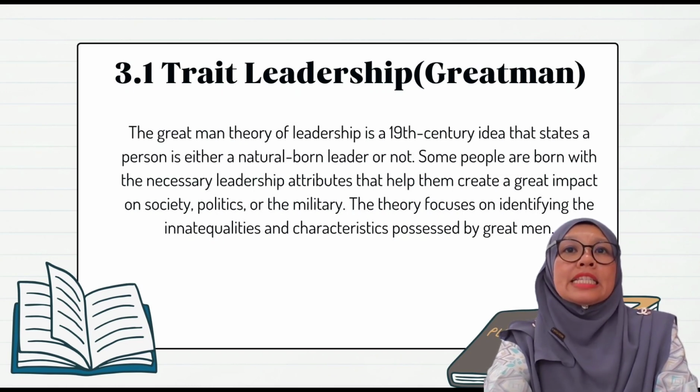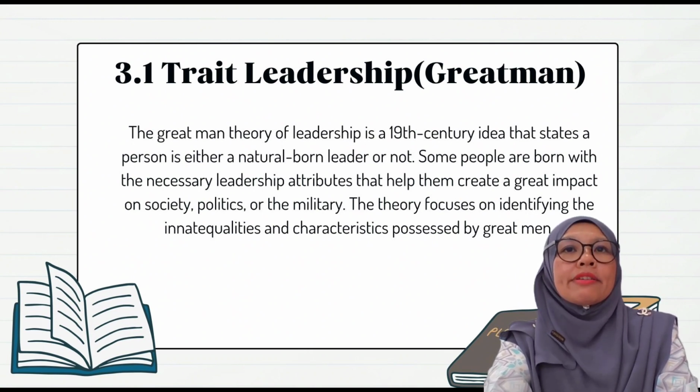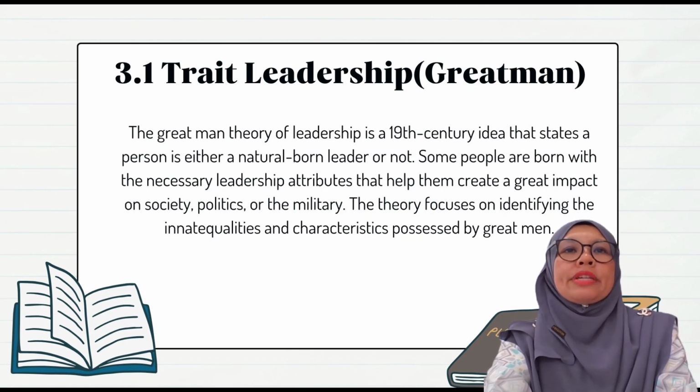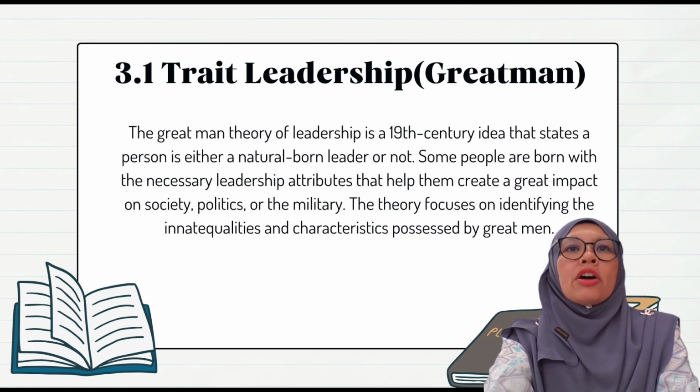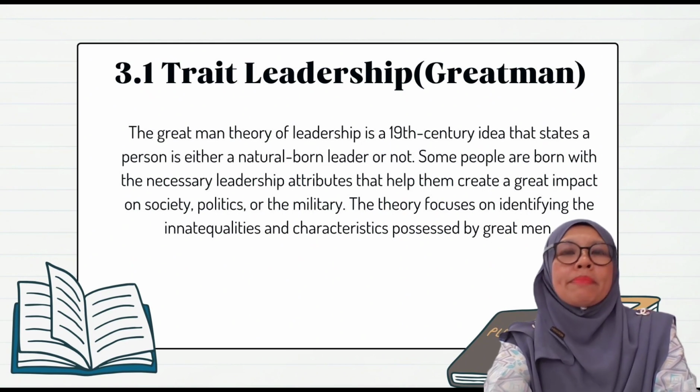It states a person is either a natural born leader or not. Some people are born with the necessary leadership attributes that help them create a great impact on society, politics, or the military. The theory focuses on identifying the qualities and characteristics possessed by great men.